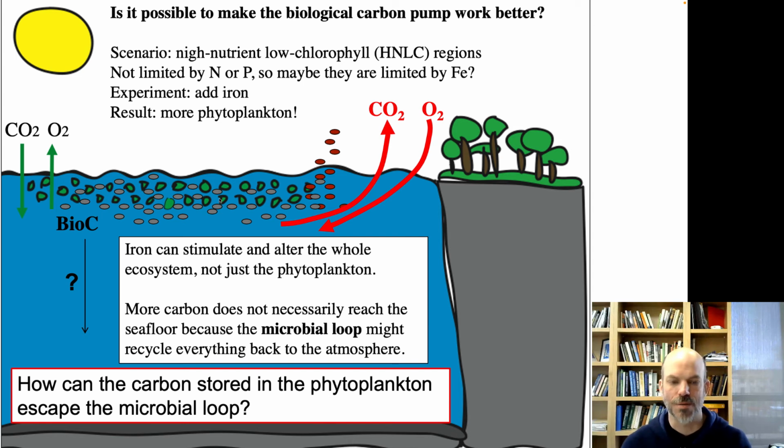The idea with these experiments is that if you could make a thick enough mat of phytoplankton that it would just sink to the seafloor on its own, it turns out that just doesn't really work, or it's not practical. In part because we also have things like fish nowadays, unlike 2.5 billion years ago, that will eat those mats of phytoplankton. So it doesn't work to just do it in the simplistic way.